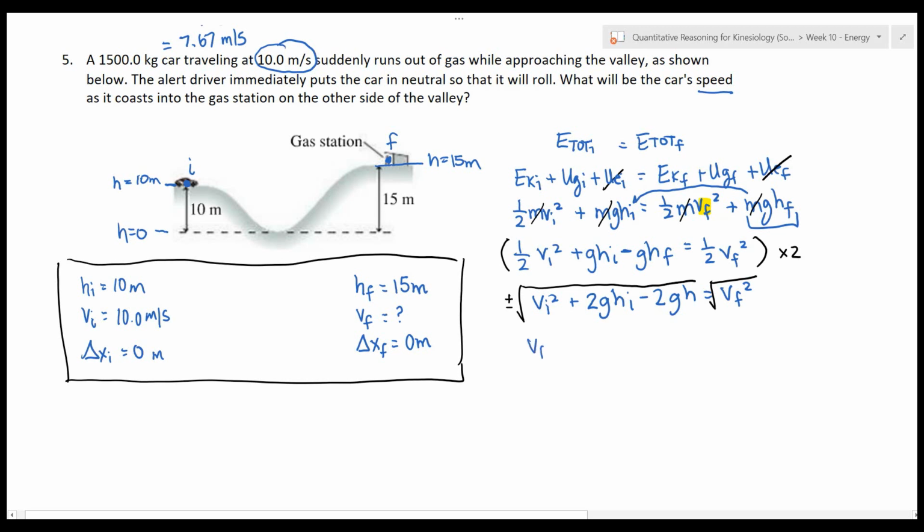So now I have V final is equal to plus or minus the square root of V initial squared plus 2 gh initial minus 2 gh final. All right, so it's a little bit easier to do it like this because you're not messing around with plugging in numbers on your calculator until the very end.